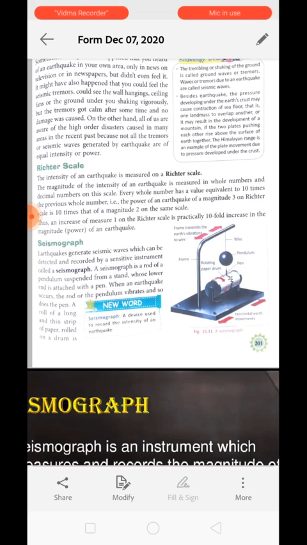Then when 4 gets multiplied by 10, it will become 5. When 5 gets multiplied by 10, instead of becoming 50, it will become 6. Every digit increases when the intensity of the earthquake has increased by tenfold.